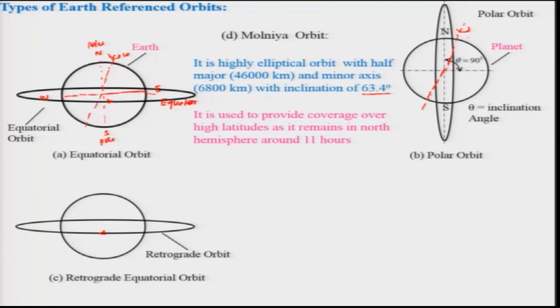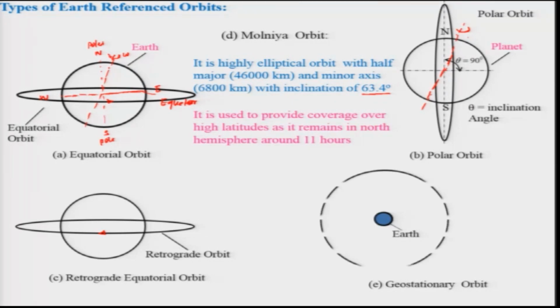So, we will now be discussing another very important and profusely used orbit, known as the geostationary orbit. Let us take this as our earth planet and this is our orbit, in which the satellite is moving.